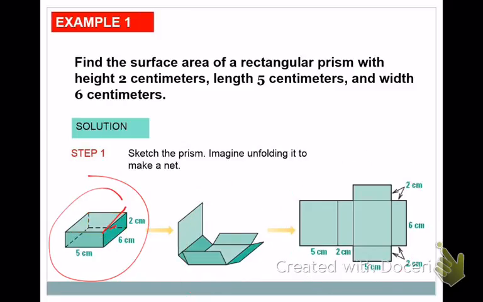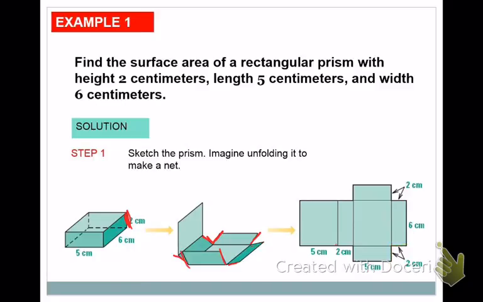Okay? If we do that, then we need to notice some things. First off, the height is going to be represented by this side, this side, this side, this, and this. And so when we lay it down, those are your heights of the prism. So they're going to be 2 centimeters.